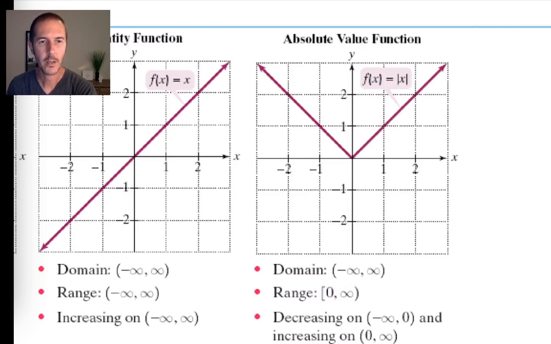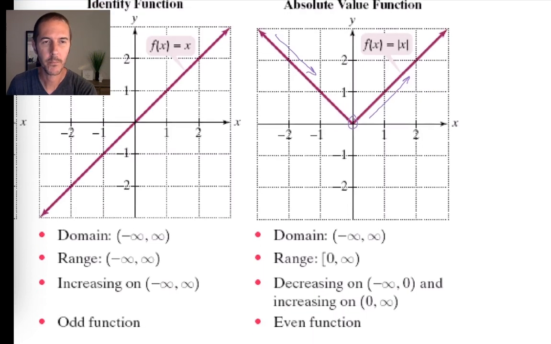We would say that in a way, the left-hand side of this graph is decreasing, because as you move from left to right, I like to think of it as going downhill. And then once you reach this turning point, the remainder of your graph, you'll be going uphill. Your y values will be increasing as opposed to decreasing.